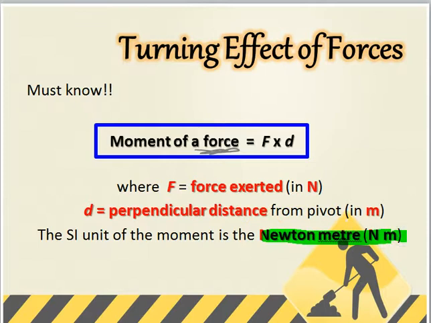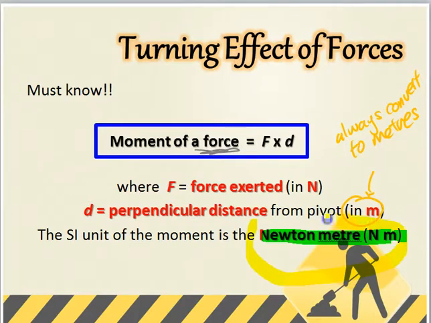So take note, most of the time we will tend to convert the perpendicular distance to meters. Always convert to meters. Please do not forget this. So for the moments, you must always take the force in newtons multiplied by the perpendicular distance in meters. So you will be able to get the SI unit of Newton meter.